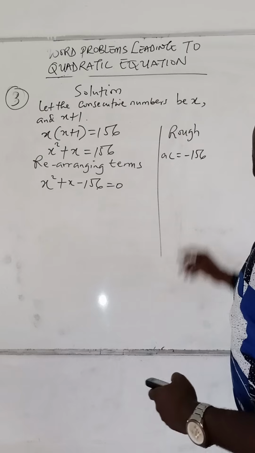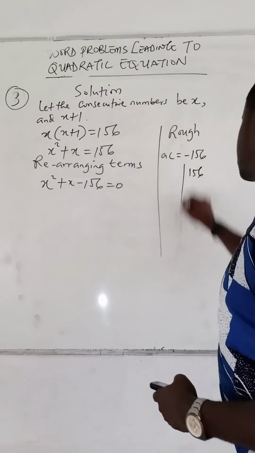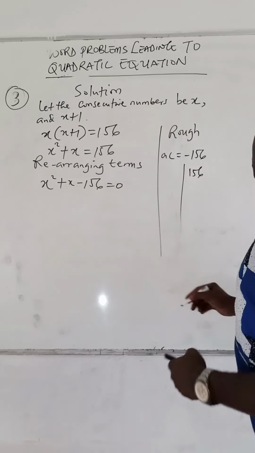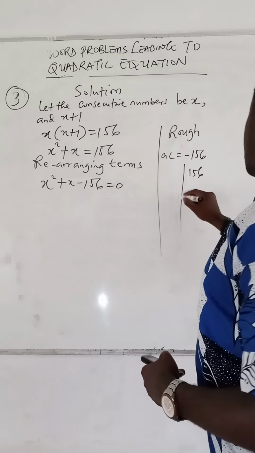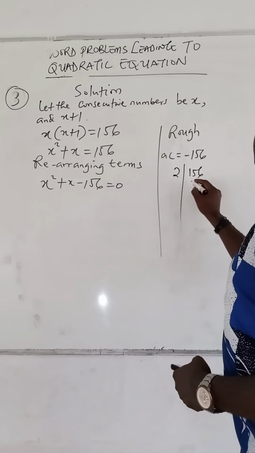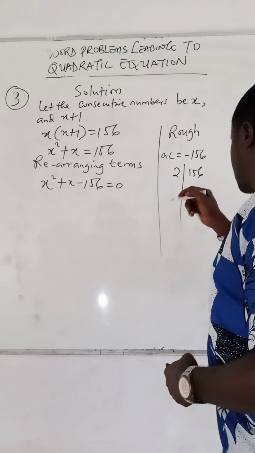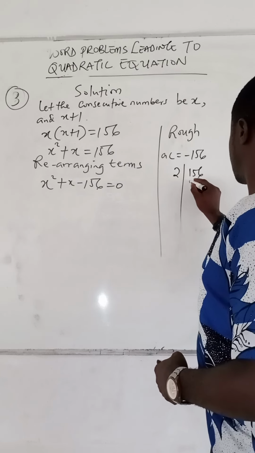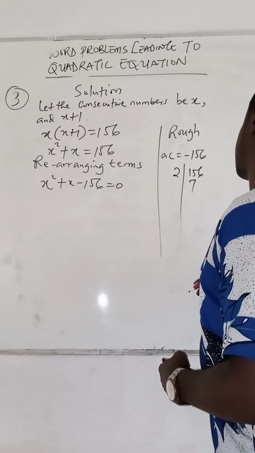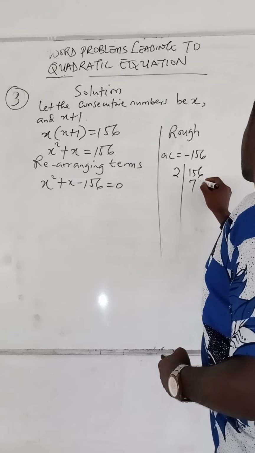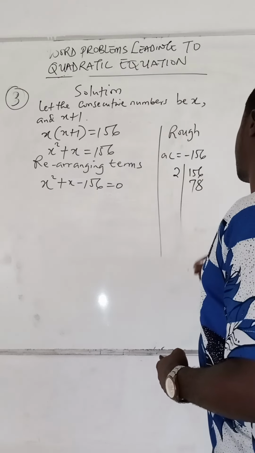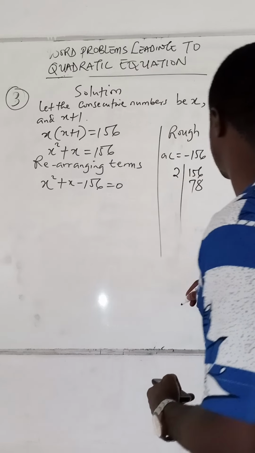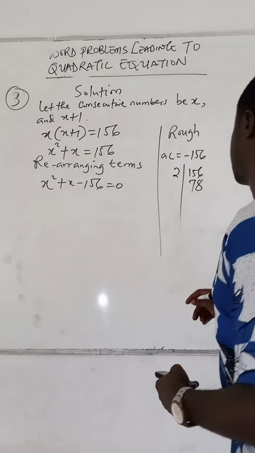Let's try to look for two factors of 156 using continuous division. Dividing by 2, we have 78.